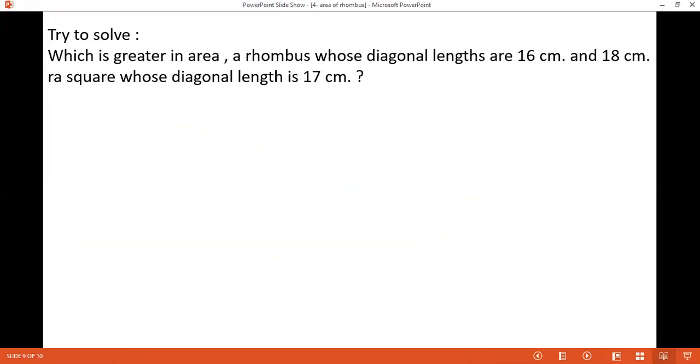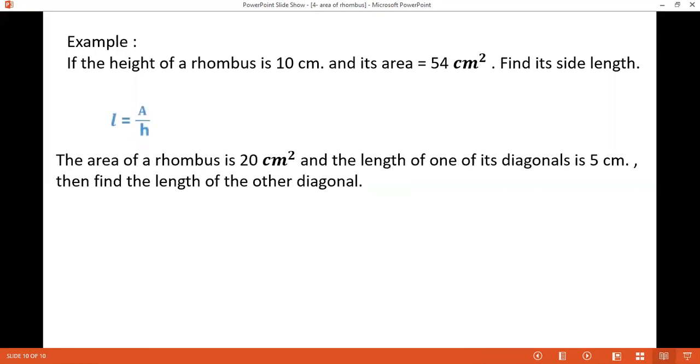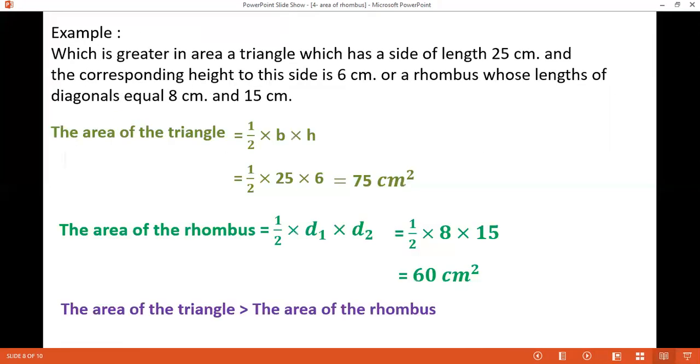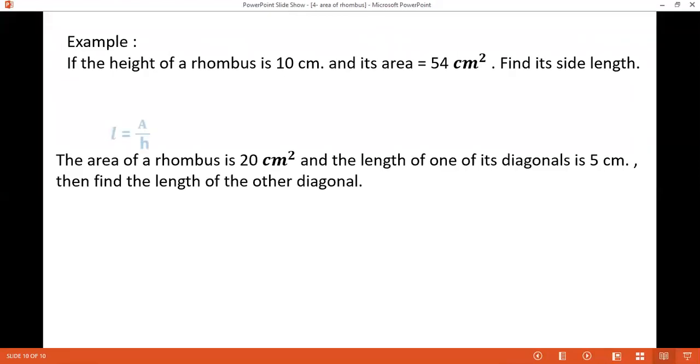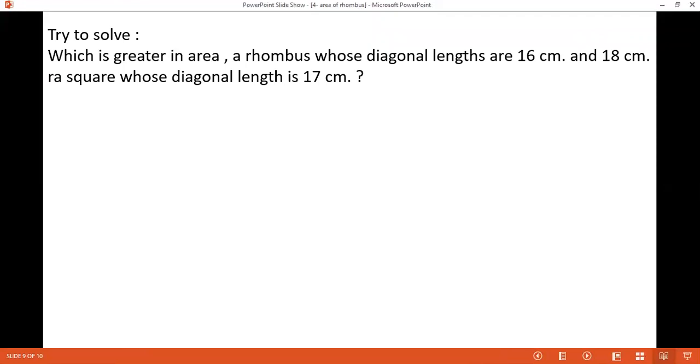Okay, which is greater in area? A rhombus whose diagonals are 16 and 18, and a square with diagonal 17.